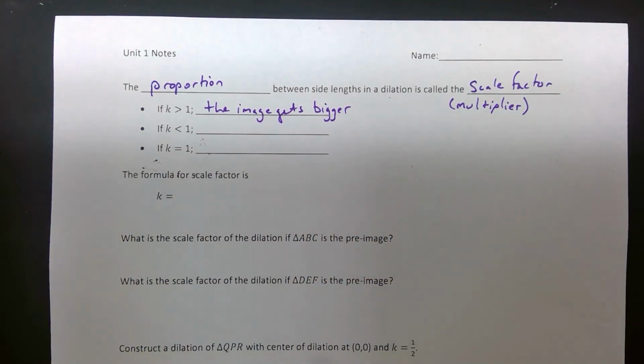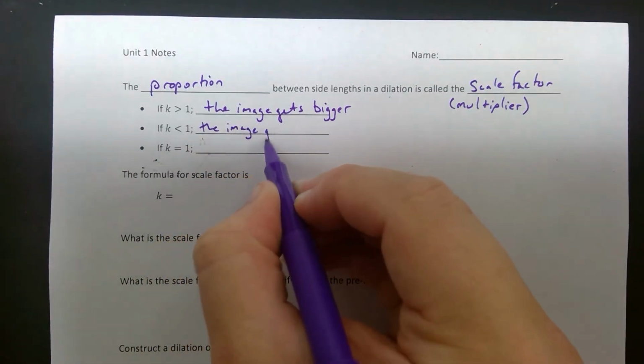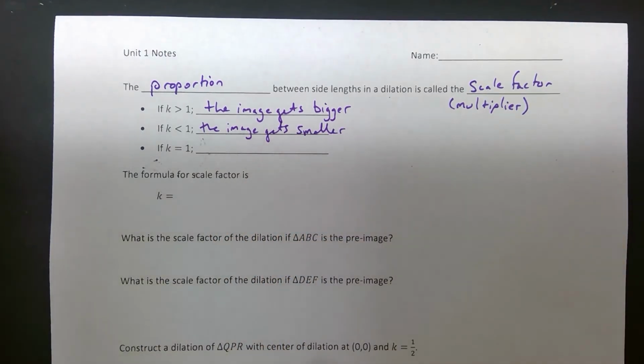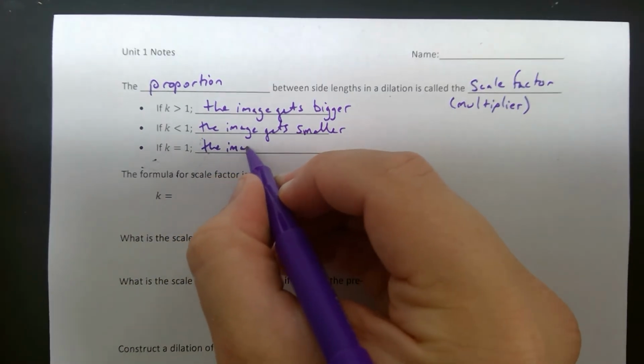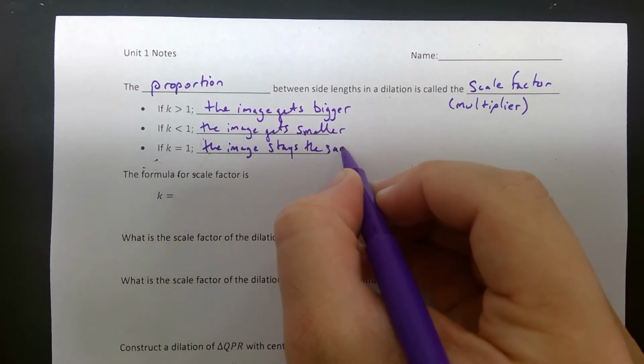Okay. If we multiply by a number less than 1, the image gets smaller. And then if k equals 1, if we multiply by 1, the image stays the same.